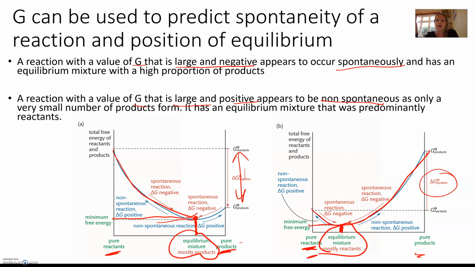But now we can link that negative G to what it means in terms of your species present at equilibrium. So if this is the equilibrium point, then a negative G will have more products than reactants. And if you have a positive G, which is a non-spontaneous reaction, that's more reactants than products.